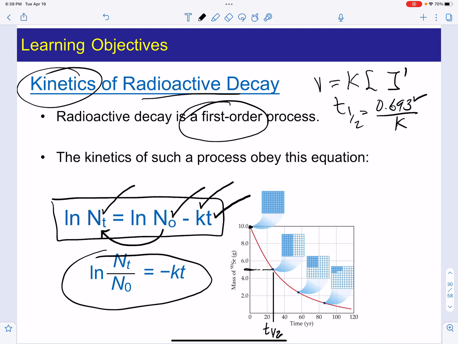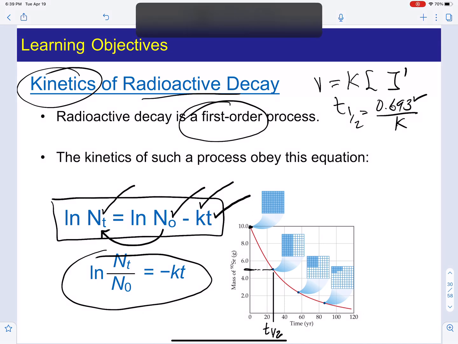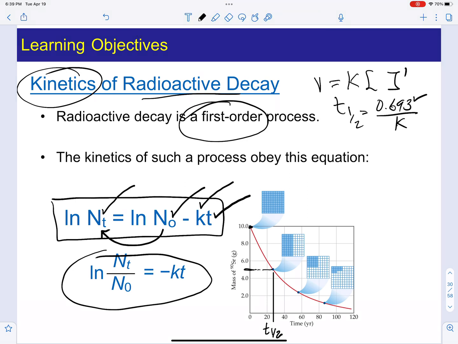So it's the time required for something to go down to half of the original. It could be an amount, it could be radioactivity, whatever we're measuring. So that's where we are right now, dealing with the radioactivity being first order, and so on.